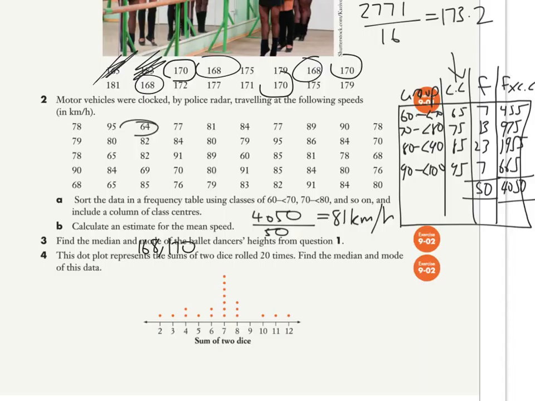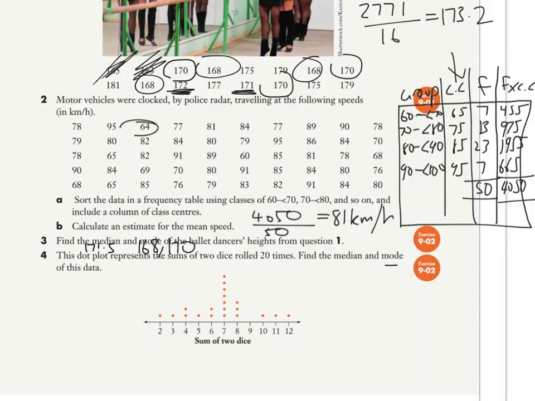And you keep on going like that until you get the last 2, which will be 171 and 172. What's the middle of that? It's 171.5.